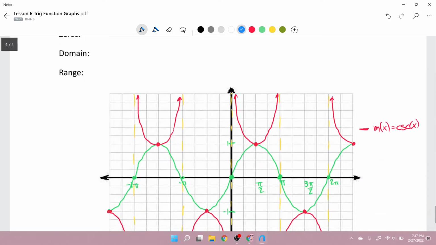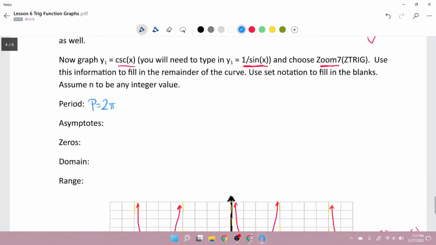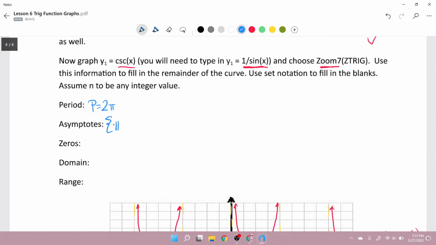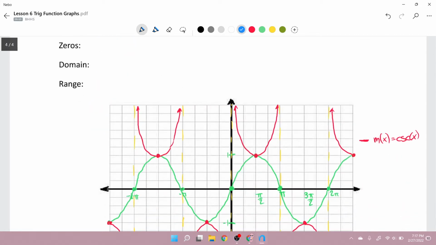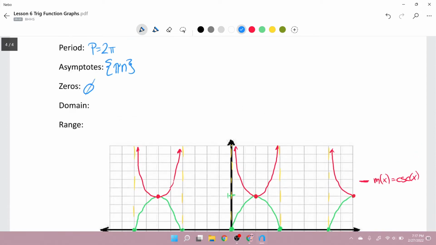And our asymptotes occur at every pi n. Our zeros, where does the cosecant function hit that x-axis? It doesn't, so no solution. We don't have any zeros. The domain will be all real numbers such that we are not those asymptotes, so we are not any pi n interval. And then our range.